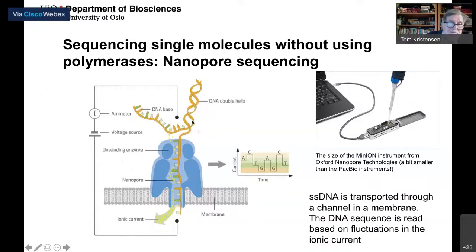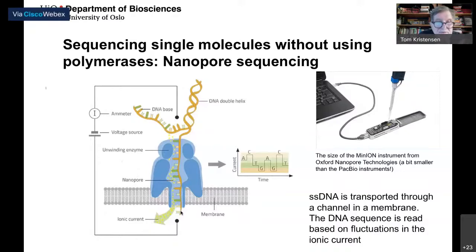The purpose of the gyrase, the unwinding enzyme sitting here, is mainly to put a brake on the passage, because if you don't, the DNA will pass through the pore so quickly that you can't read the sequence. So the unwinding is mainly here to reduce the speed of the DNA strand as it passes through the pore.